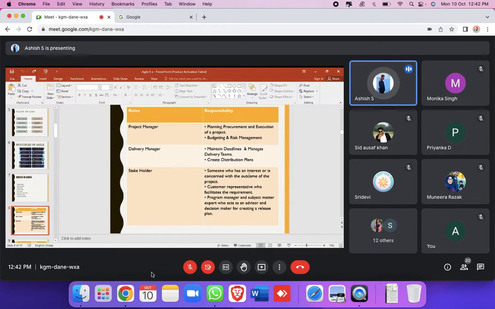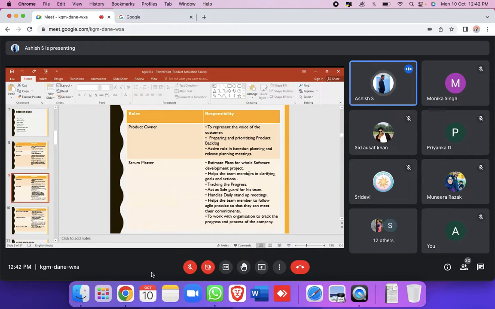A person who owns a company, wants to develop a project, gives the requirements and the time period for that application, will be a stakeholder in general terms. You don't have to go through the same words which are mentioned.